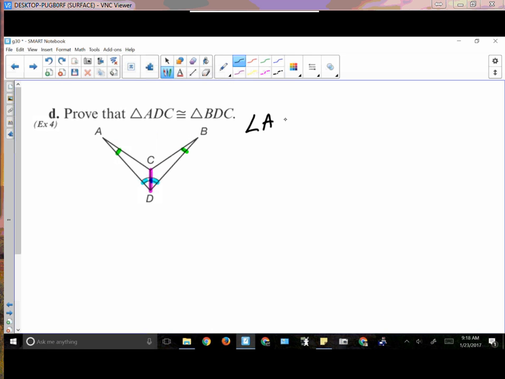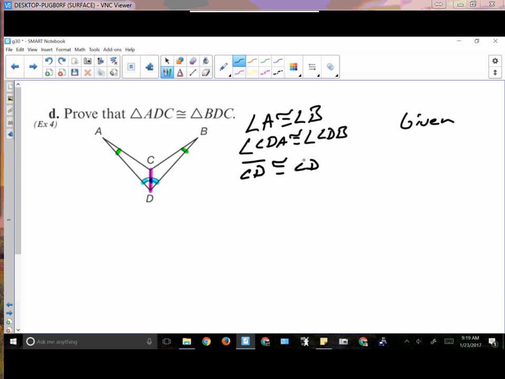So we can say that angle A is congruent to angle B. Angle CDA is congruent to angle CDB. This was given. Correct? CD is congruent to CD. Why?